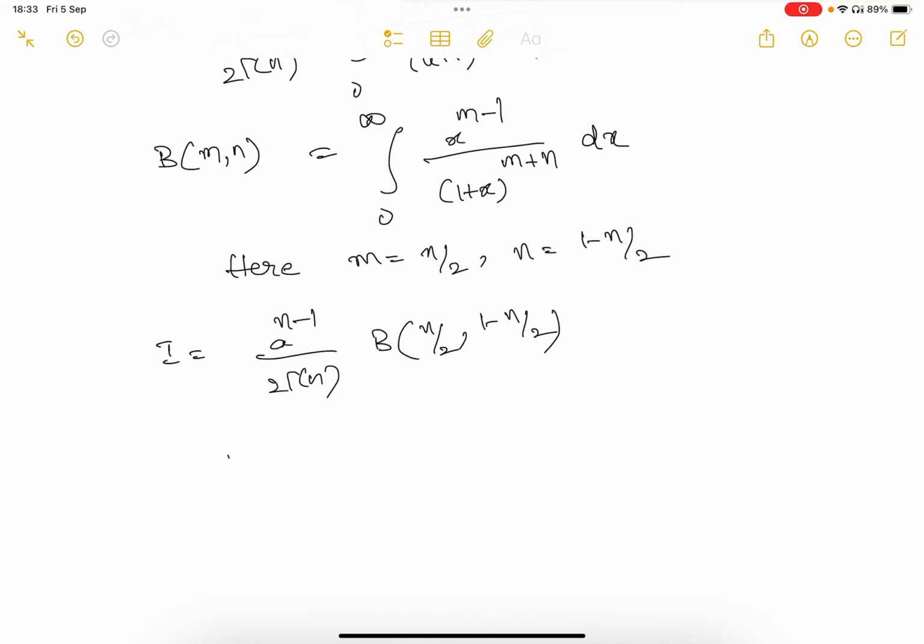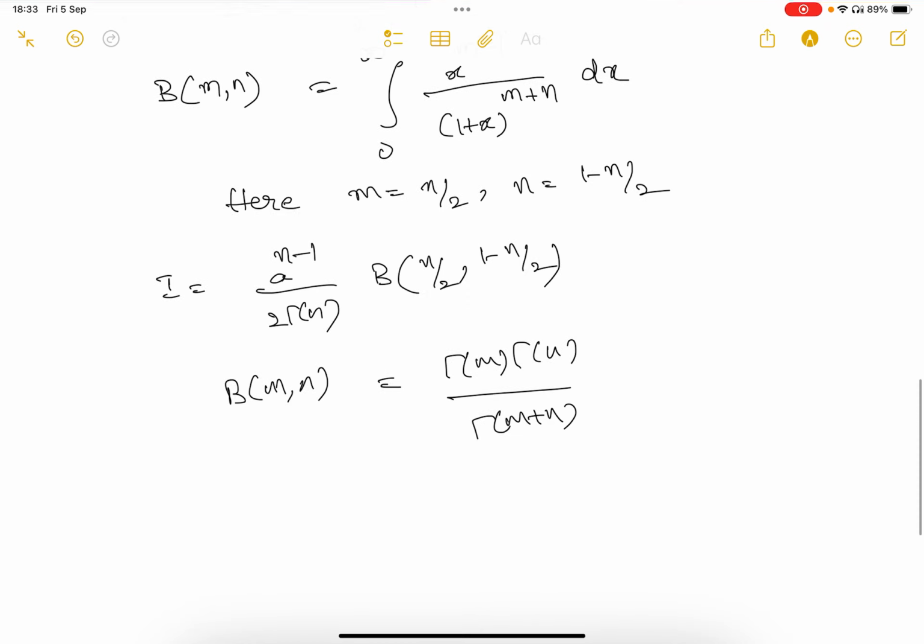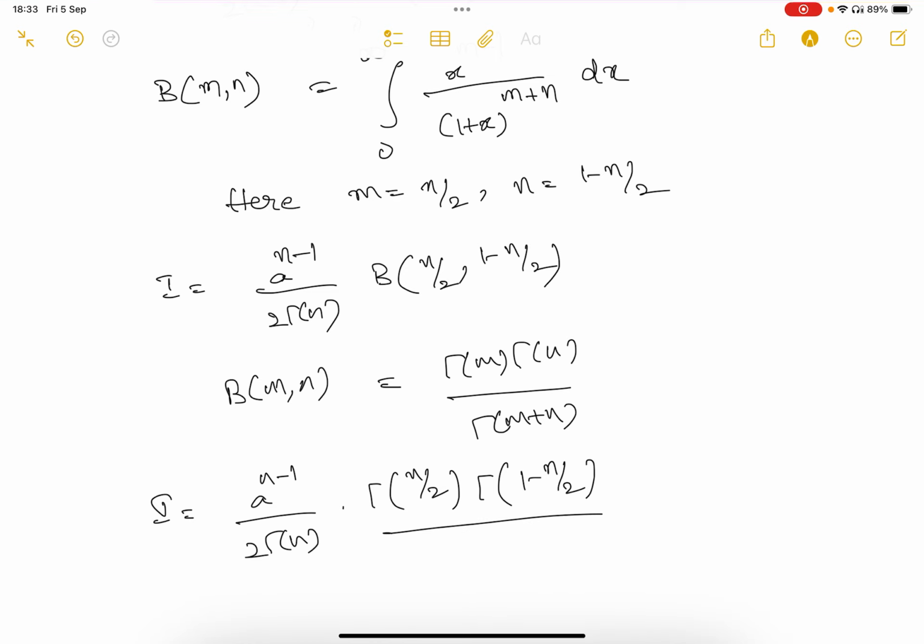As you know, the formula of the beta function, right? Beta of m comma n is gamma of m into gamma of n by gamma of m plus n. So I becomes a power n minus 1 by 2 into gamma of n, and this becomes gamma of n by 2 into gamma of 1 minus n by 2 by gamma of n by 2 plus 1 minus n by 2.